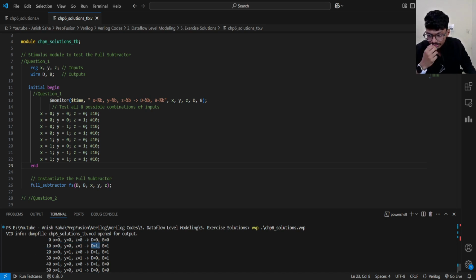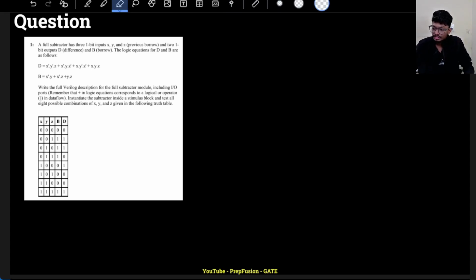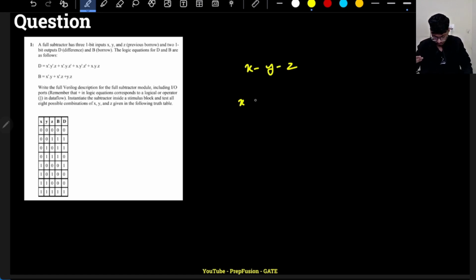Basically, what do I mean by the borrow concept? I will explain just in a second. What you have to perform is x minus y minus z. Let's do it in the decimal number system.